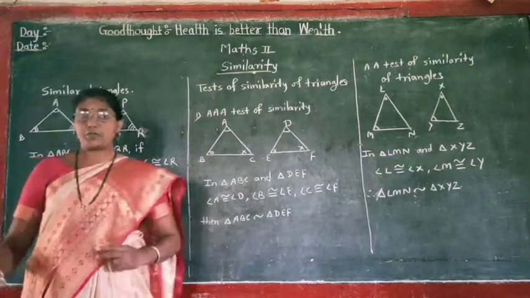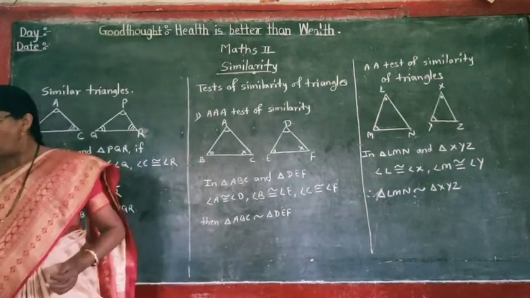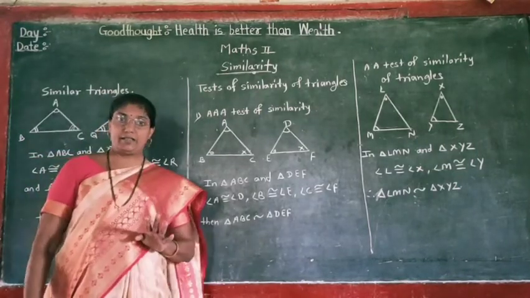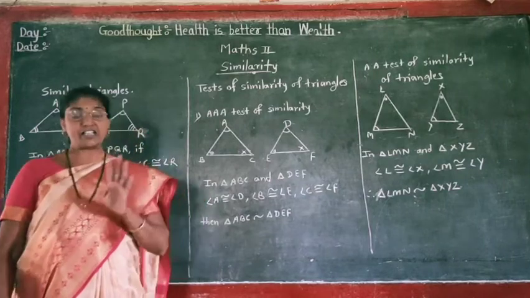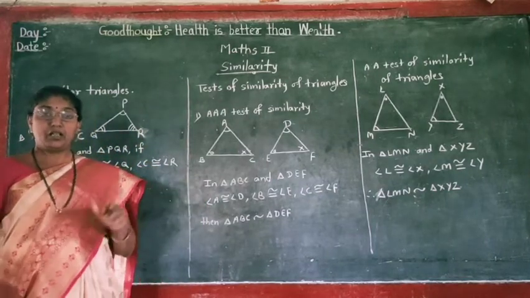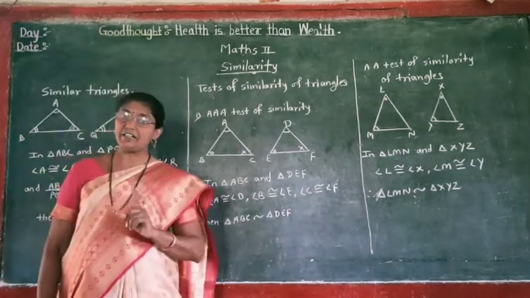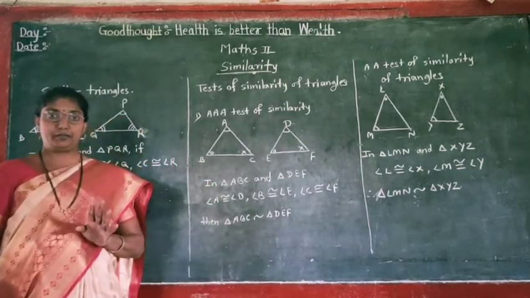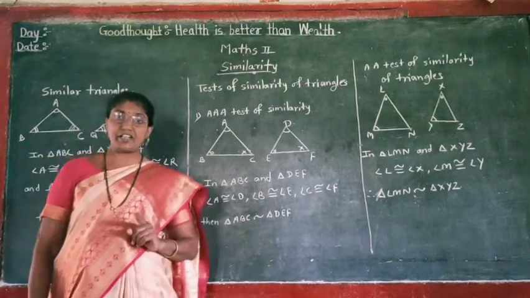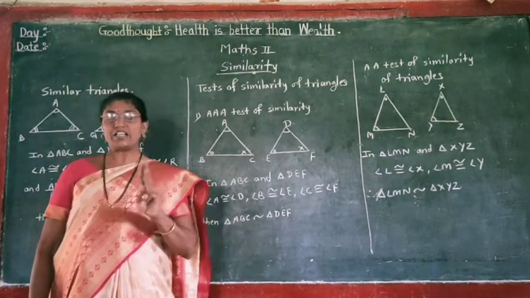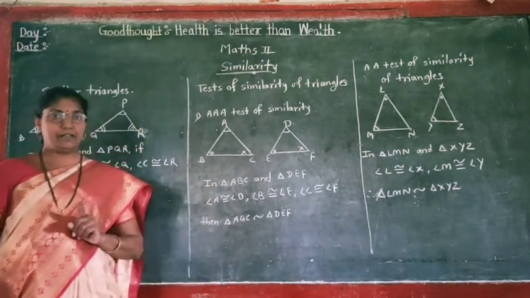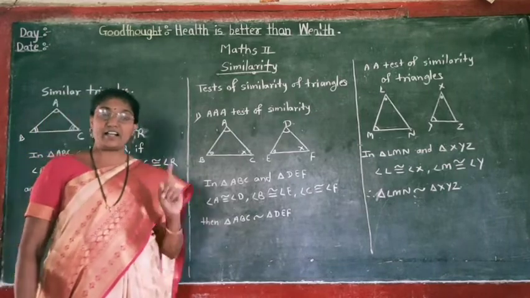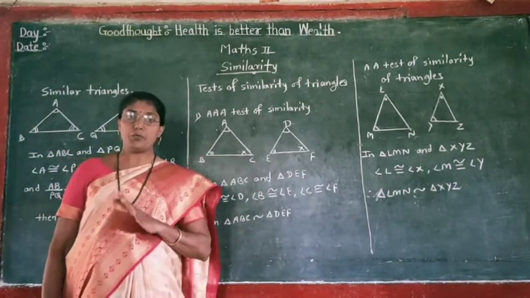Now, test of similarity. For similarity of two triangles, the conditions are that the corresponding sides are in proportion and corresponding angles are congruent. Out of these conditions, when three specific conditions are fulfilled, the remaining conditions are automatically fulfilled.